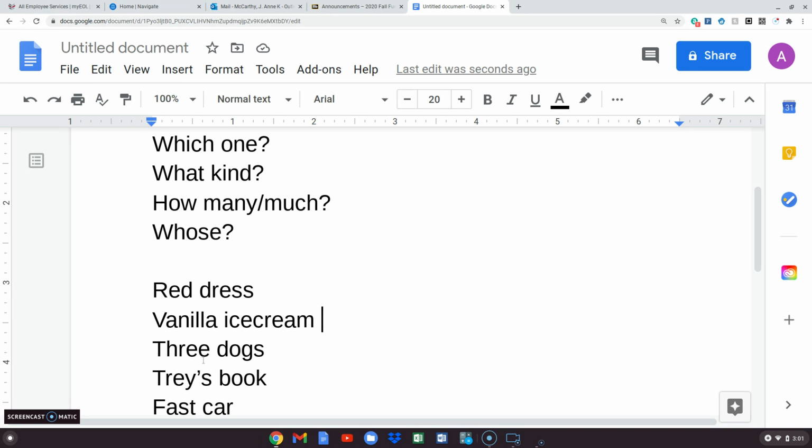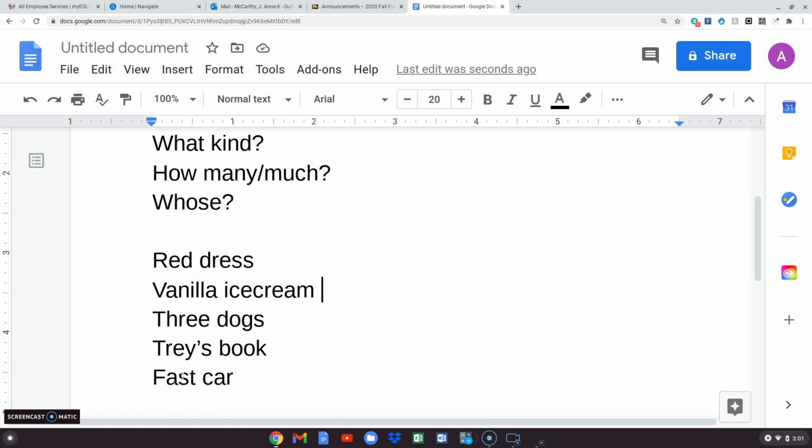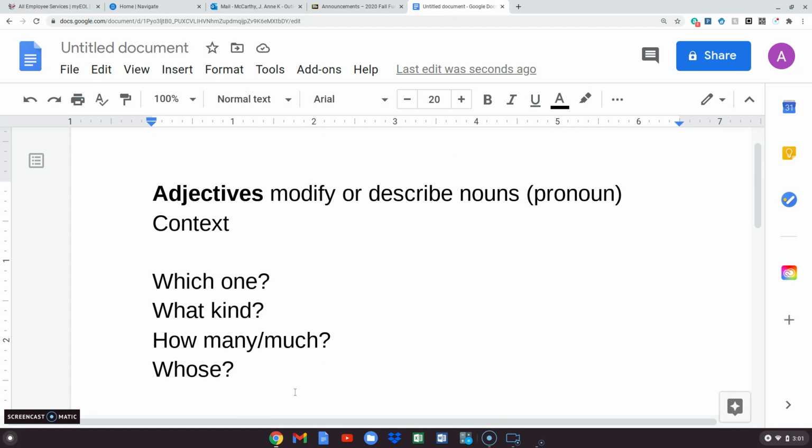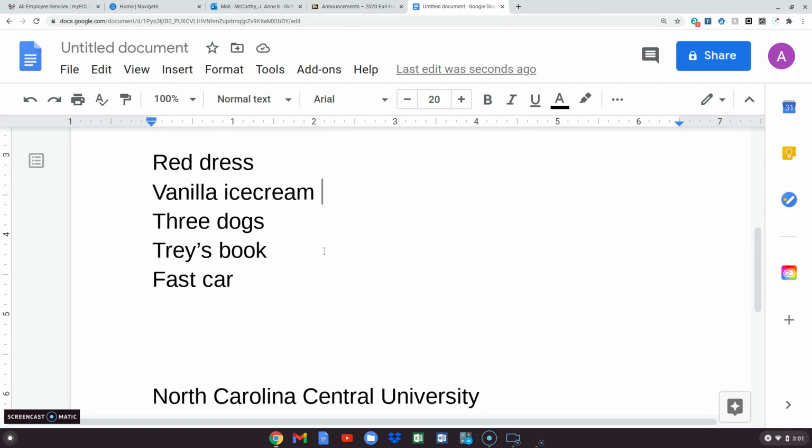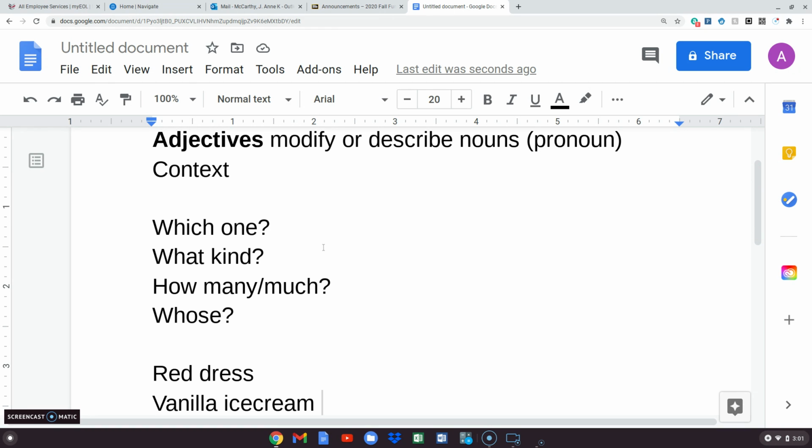Whose book? Trey's book. It's an adjective. The fast car. So notice that these are adjectives. Now, once you get that down, you'll know that adjectives describe only nouns. In our next video, we're going to be talking about adverbs and the difference. So you might, in your notes, want to have them next to each other.